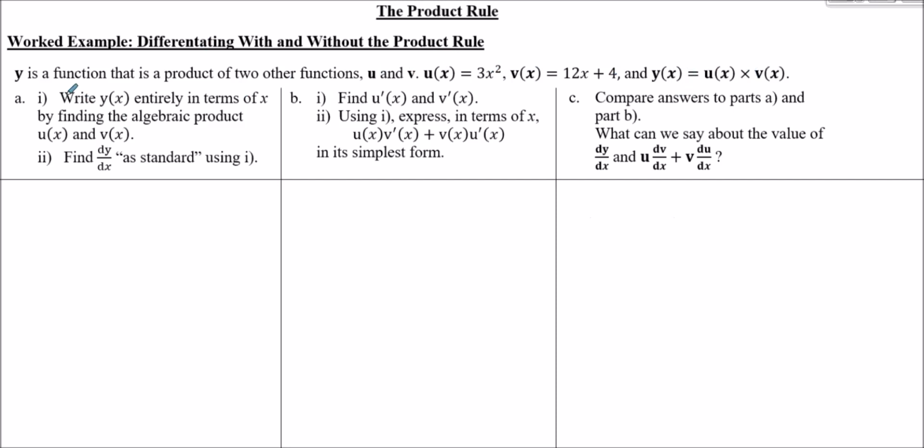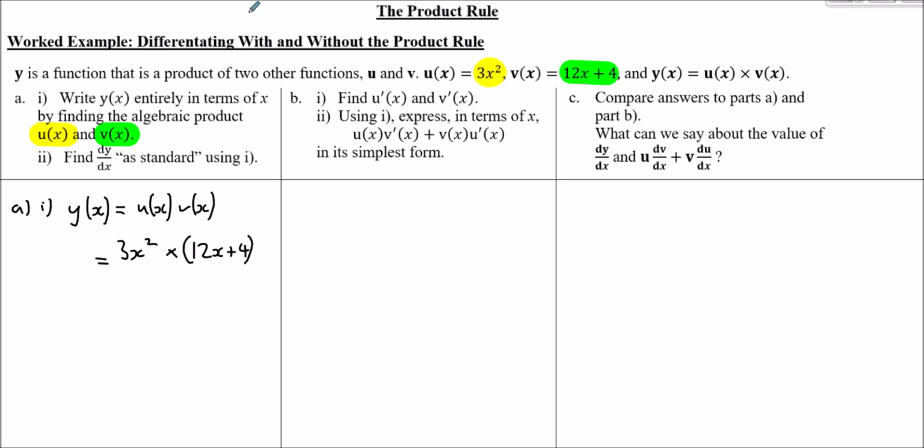So for part A, what we're going to do here is write y of x entirely in terms of x by finding the algebraic product of u(x) and v(x). So u of x is 3x squared, v(x) is 12x plus 4. So what we can say now for A part 1 is y(x), which is u(x) times v(x), that's simply going to be 3x squared multiplied by 12x plus 4, because u is 3x squared and v is 12x plus 4, obviously.